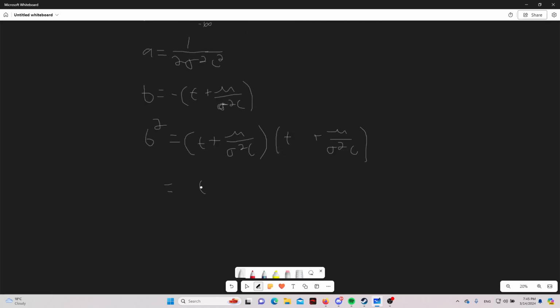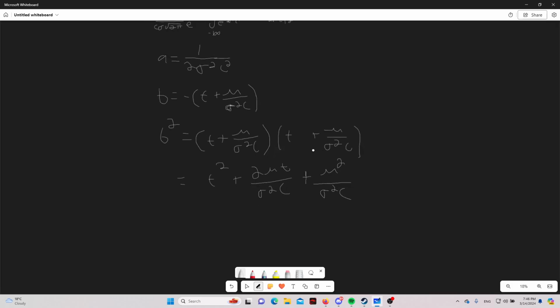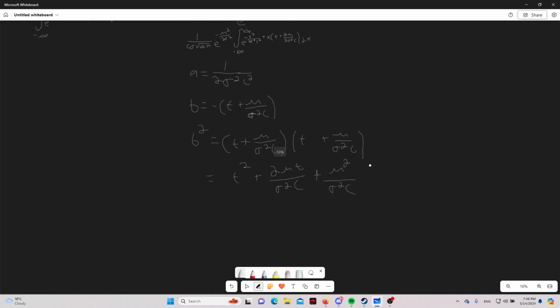So this is t squared plus, and then you get mu t, so this becomes plus 2 mu t over sigma squared c plus mu squared over sigma squared c. Sometimes I can't even read my own handwriting, so again, apologies for the bad handwriting. It's very hard to write properly with a mouse.